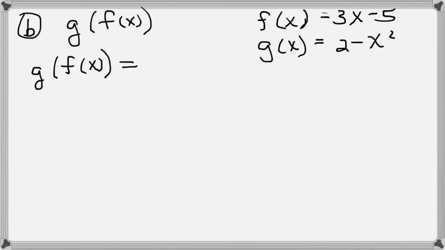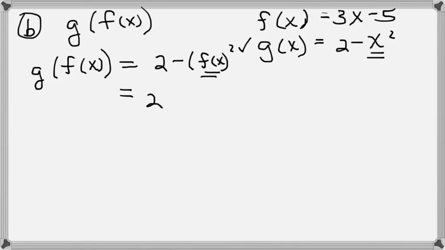And I'm going to go get my g function this time. And put 2 minus my f of x will go there, and then I'll square it. So notice that in the place of this x right here, I'm putting that function f of x.